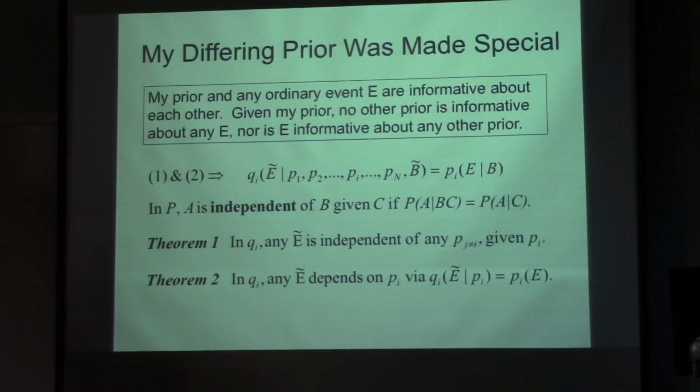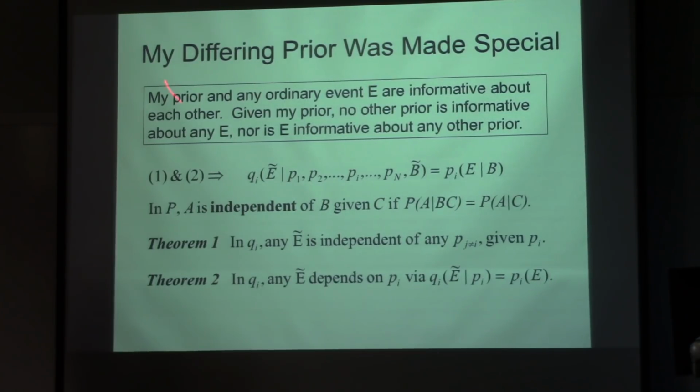And so the key point is this basic equation representing the pre-prior and what happens when you update on learning your and other people's priors satisfies key conditional independent structure. And that can be represented by these two theorems, for example, here. Any event E is independent of any other prior given my prior. And any event E depends on my prior only via this equation.